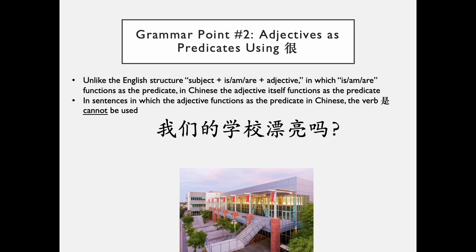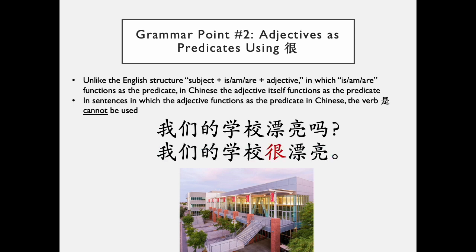我们的学校漂亮吗? And if you wanted to say our school is beautiful, you would say 我们的学校很漂亮. You would add the 很 in front of the adjective 漂亮. And since the 很 is used so often in front of adjectives, it doesn't necessarily mean very.